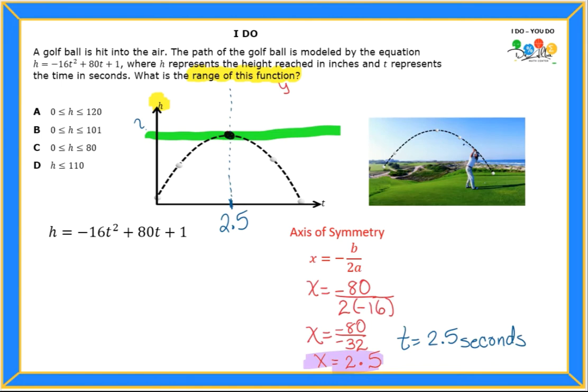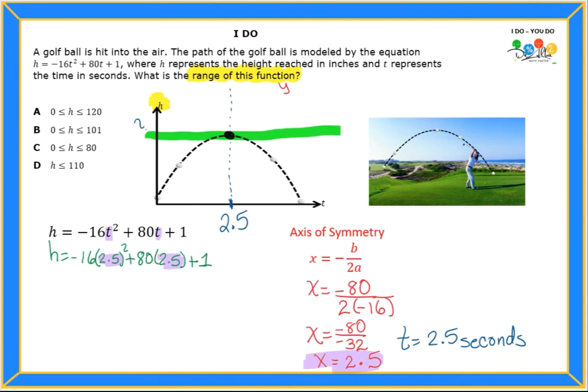Okay, so let's work it out. The height will be equal to negative 16 parentheses 2.5 squared plus 80 parentheses 2.5 plus 1. So remember what I did? I'm just replacing my t with 2.5. There are two t's in there, so I need to make sure that I replace both of them.